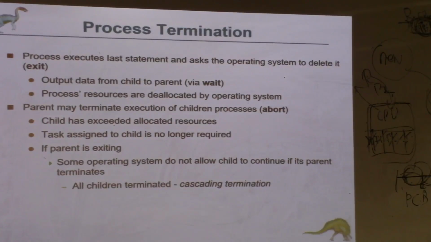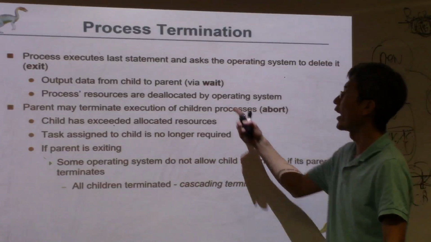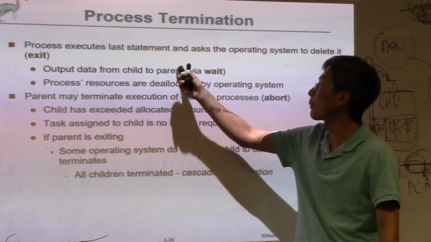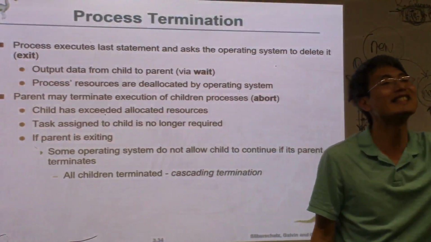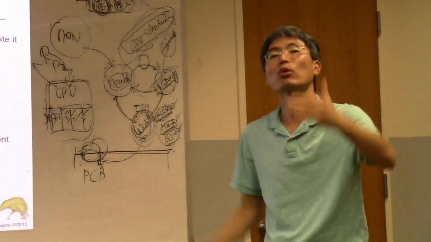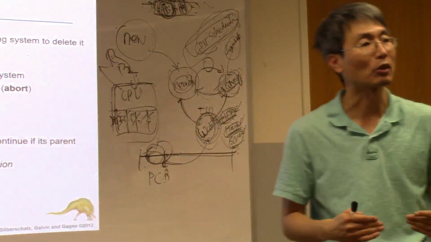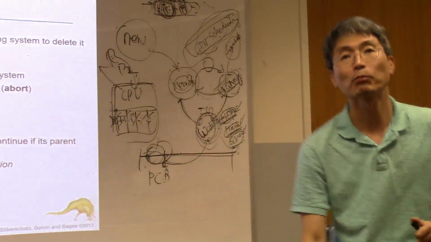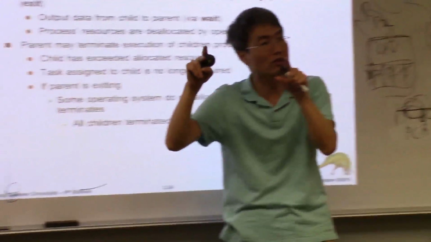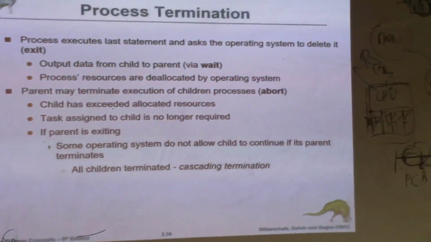Here, mostly we terminate gracefully. At that time, the child needs to inform the parent with the wait system call. Wait will be managed in the process table, the PCB. So the parent process will check whether the status has changed, terminated or not, when the wait is executed.